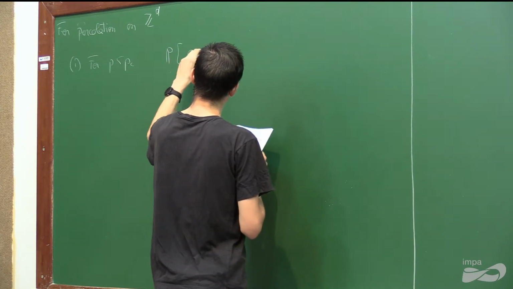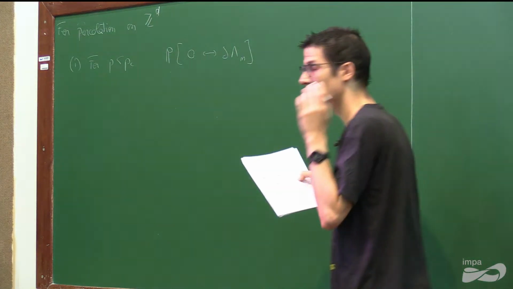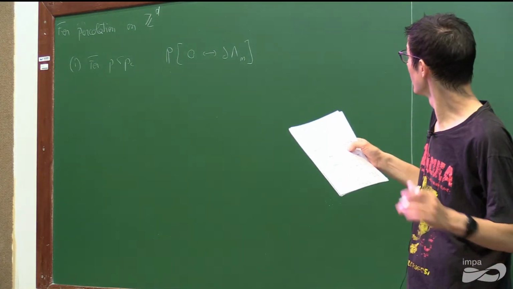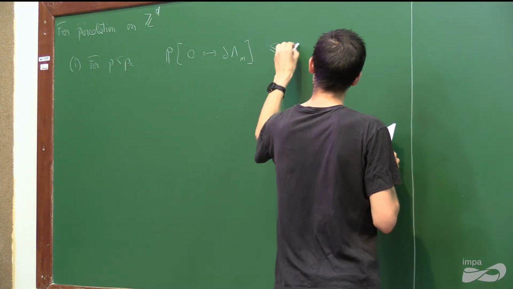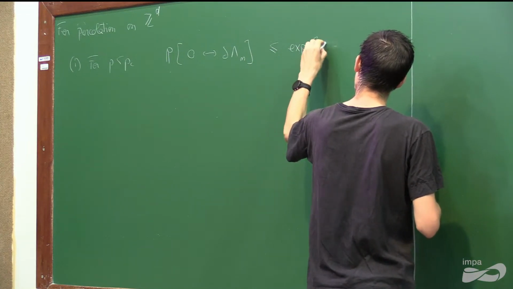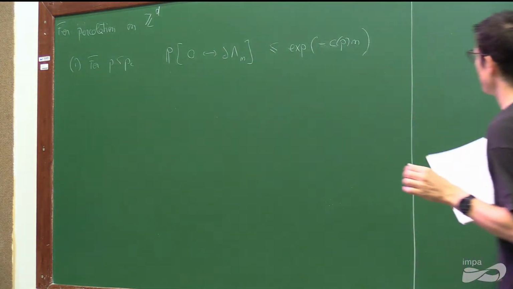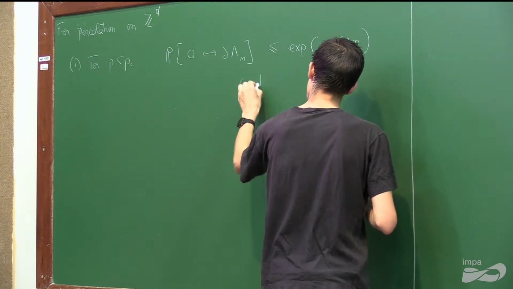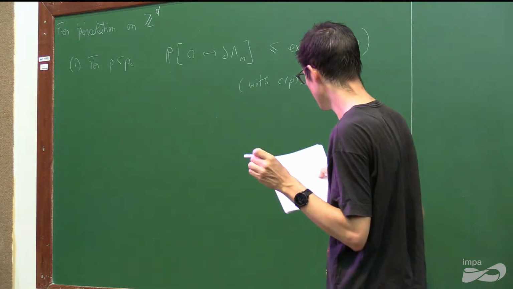then the probability for 0 to be connected to the boundary of the box of size n decays exponentially. So there exists a constant that depends on p, which is positive, so that this holds.